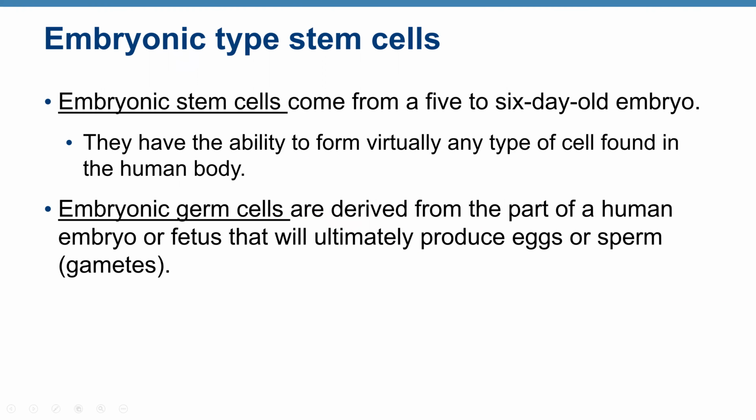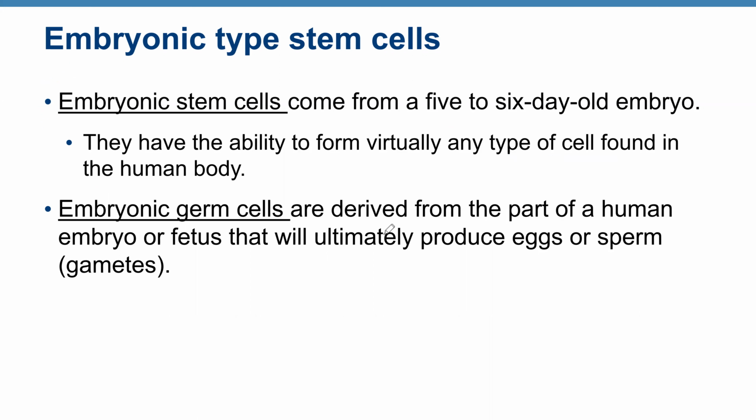Okay, so embryonic stem cells come from a 5 to 6 day old embryo. They have the ability to form virtually any type of cell found in the human body. And remember, we have two types, embryonic stem cells and embryonic germ cells. So embryonic stem cells from a 5 to 6 day old embryo can be differentiated into all cells found in the human body.